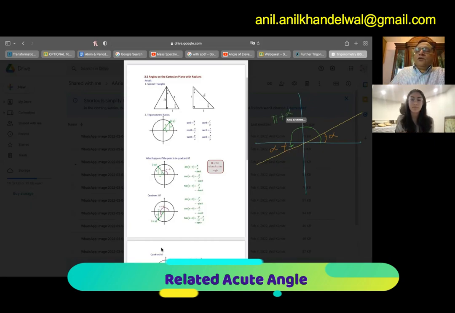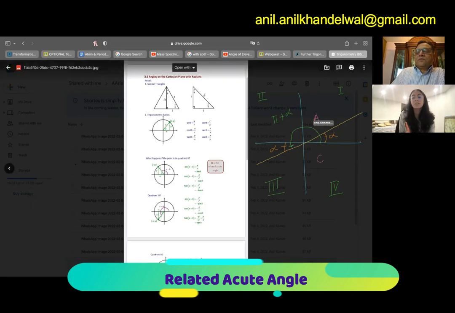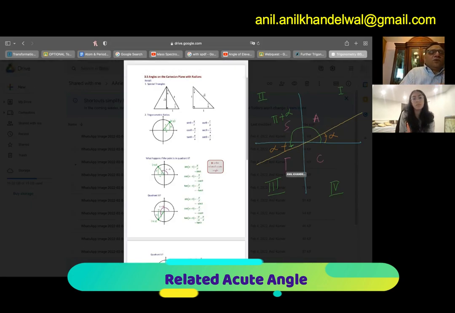Yes. You have reached from quadrant 1 past 2 into 3. We'll go to 4 next time. In quadrant 3, tell me what is positive. In quadrant 3, only tan is positive. Therefore, if I write tan of pi plus alpha, I should get plus tan alpha, same as tan alpha.